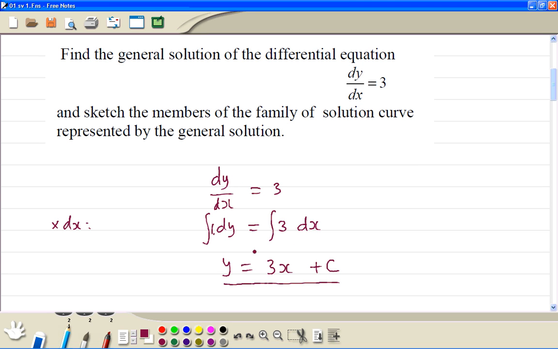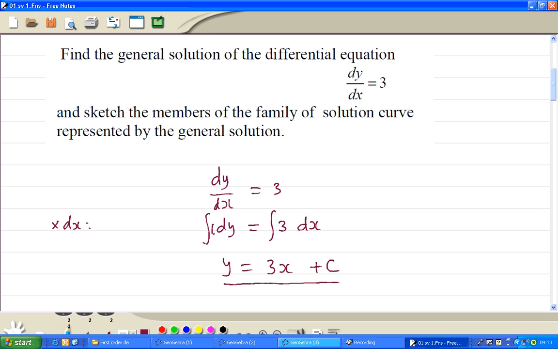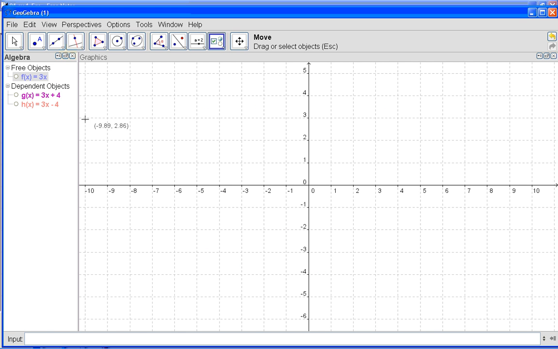We can sketch this general solution for different values of c. This is an equation of a straight line which has the gradient equal to 3, but c would be the y-intercept. So if we sketch some of these graphs, first we let c equal to 0. We've got a straight line graph, the gradient is 3 and the y-intercept is 0, the origin.